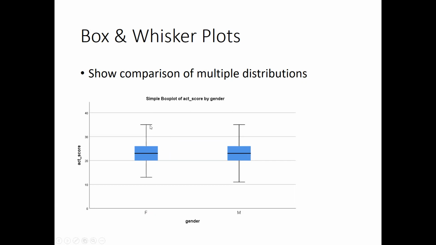The very top is the max. You may have outliers on either side, little data points standing out by themselves. The way you read this is you look to see, is there overlap? And look at that. At this one institution, there's overlap. There's not a lot of differences between ACT scores for males and females. Does that make sense?